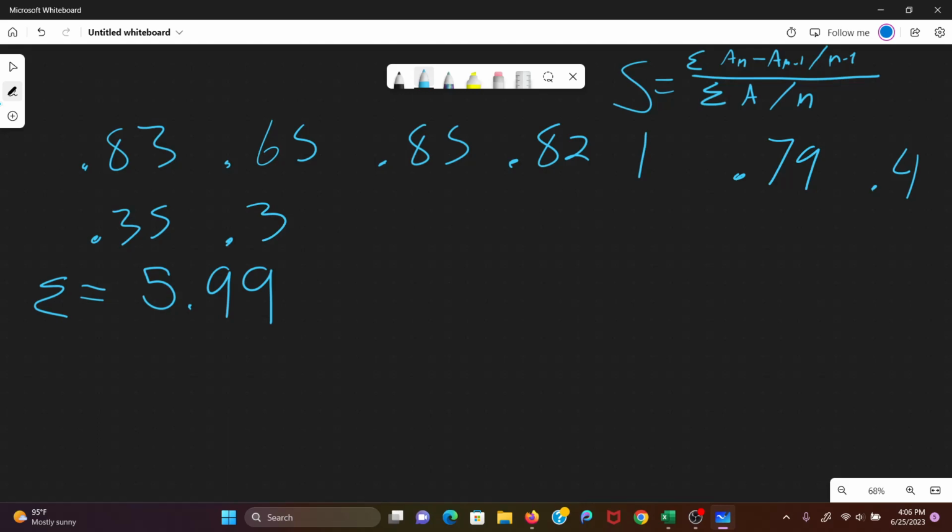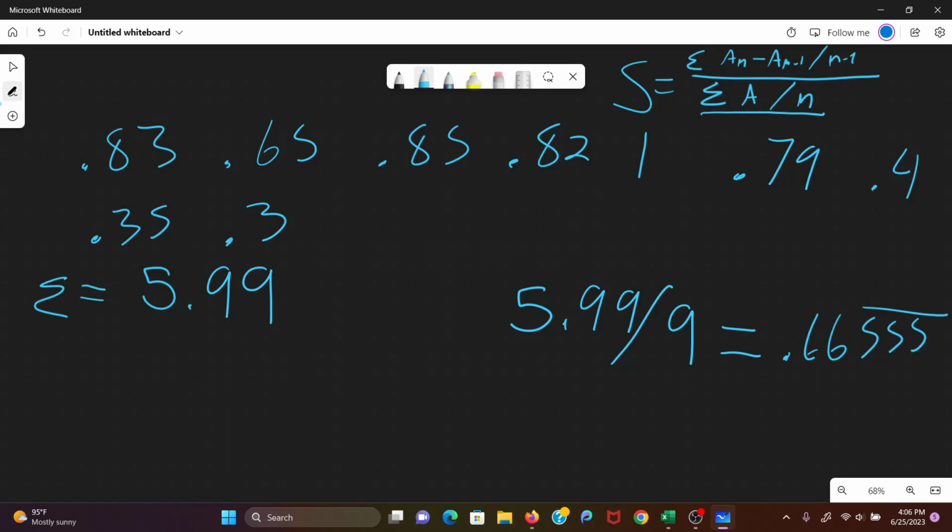Then we need to divide that by n. So 5.99 divided by 9 equals 0.66555 repeating. So we're going to drop that down here and save it for later.